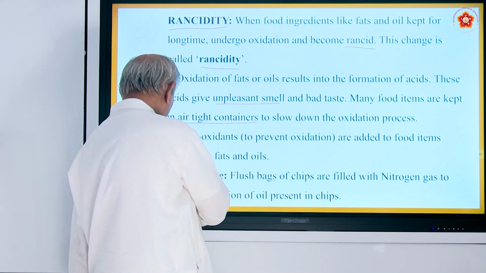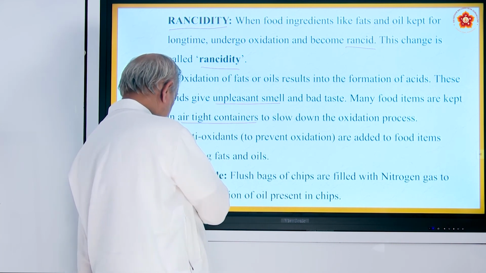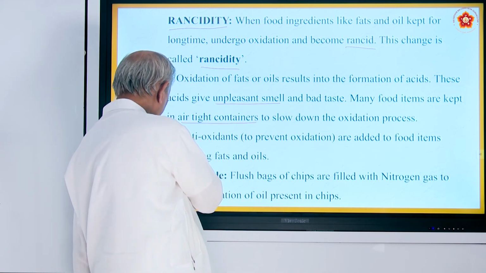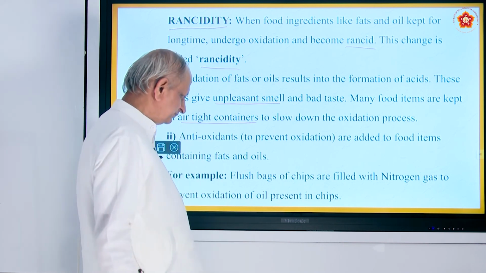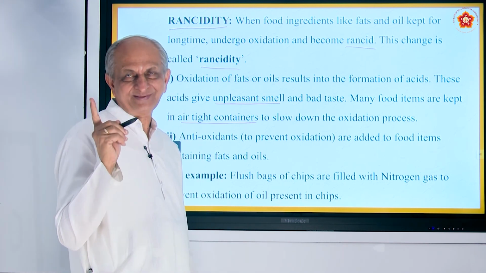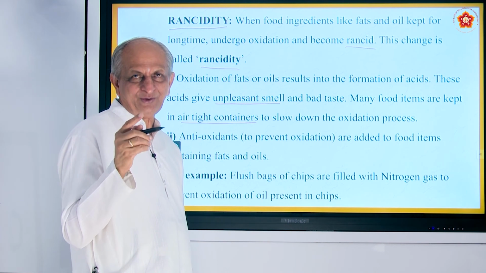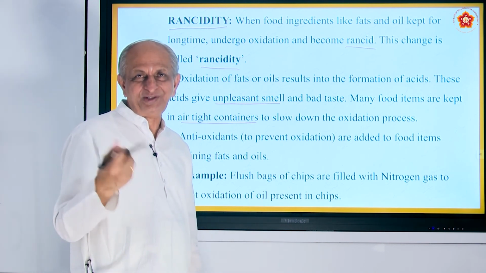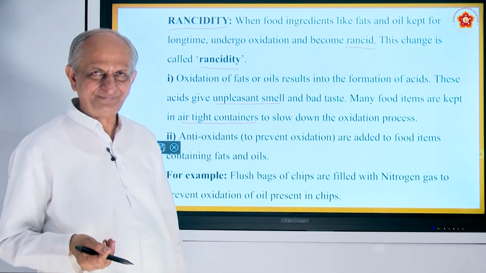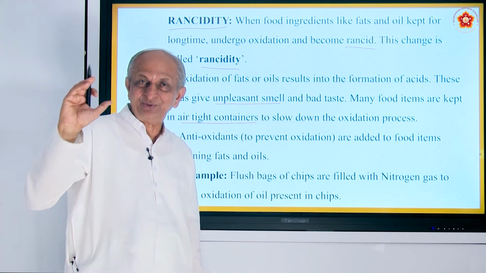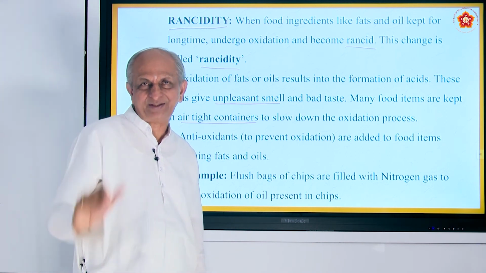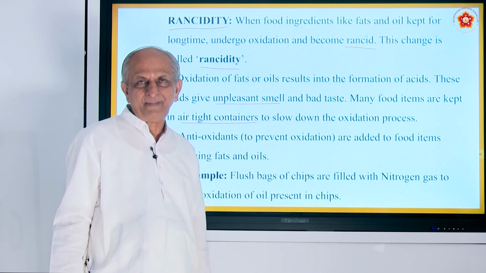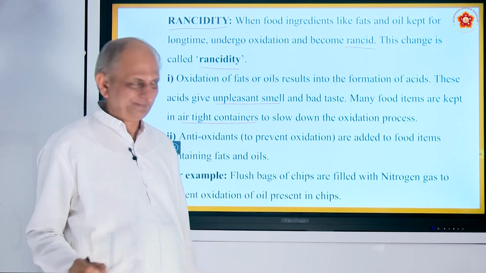You might have seen Lay's, Kurkure, etc. They are very famous nowadays in the market, but avoid eating that. Then you may say, so attractive sir, so tasty. All that is attractive and tasty will not be good for health, because they are made up of chemicals.